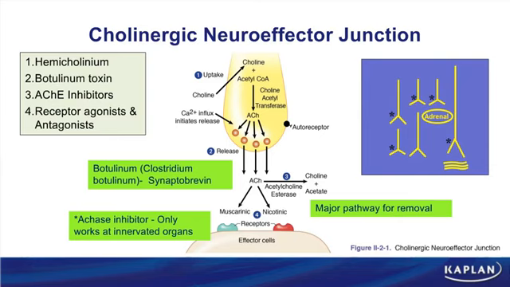Another thought would be, what if I had cholinergic receptors in the body that were not innervated? This is something that we're going to see a little bit later on. This is a real story. We have muscarinic receptors in the body that are not innervated. Clearly, at that type of receptor, acetylcholinesterase inhibitors would have no effect.